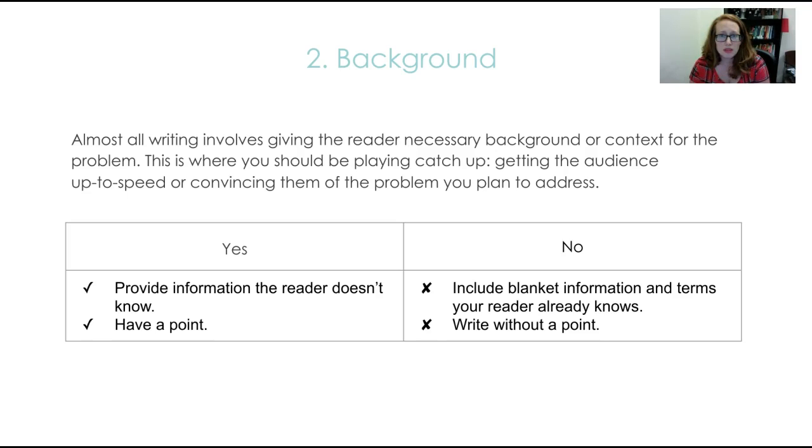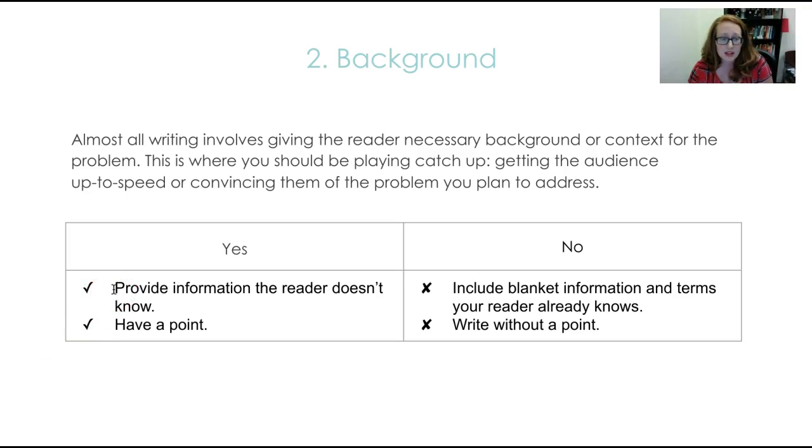The background that needs to be there is specifically the background that your reader, your audience, needs in order to be caught up with where you are and to understand why this is a problem, or what the conversation is, or what the different solutions are you're going to talk about, or what certain terms mean if they need that. But it should not be just random information, and readers should still know when they're reading this background why they're reading it, like what you're doing with it, why they need to know it.